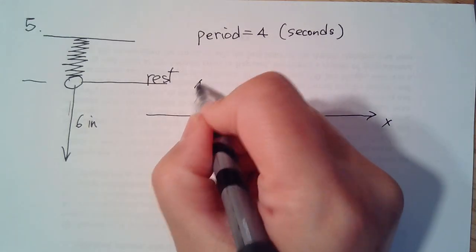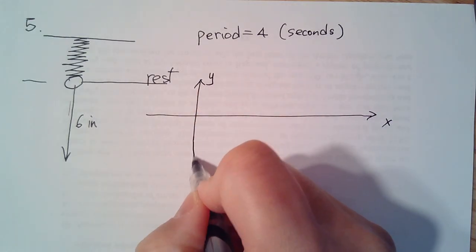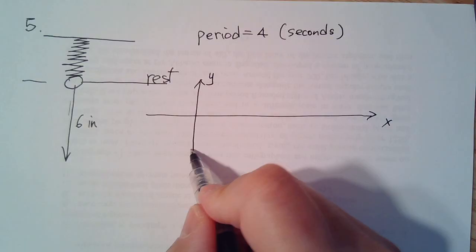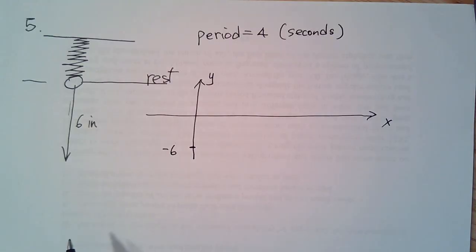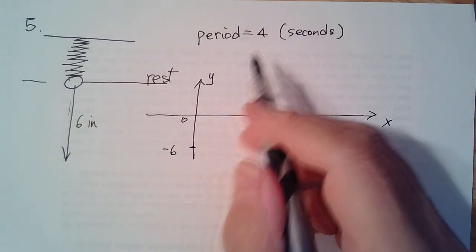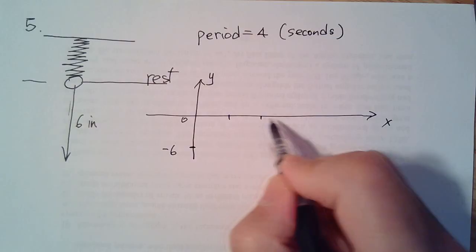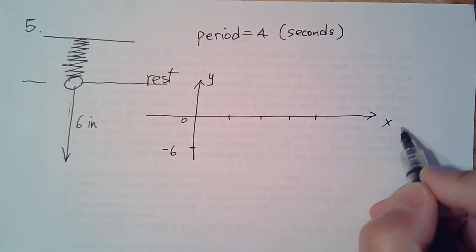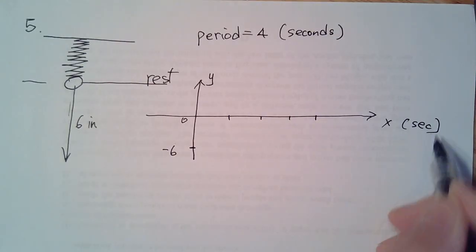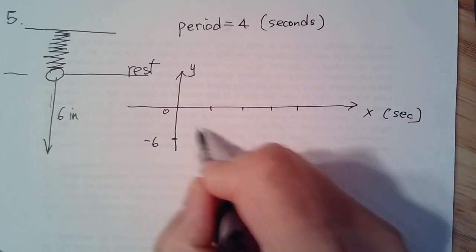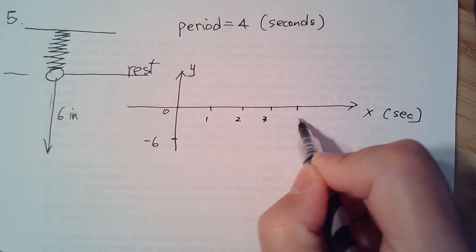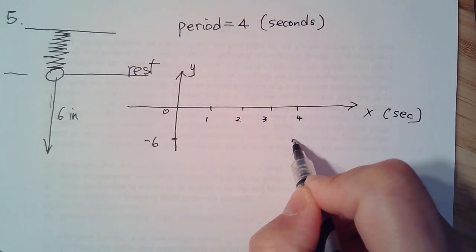Here's the X, and here's a Y, here's the position. So when the time is 0, which is -6, okay? And then the period is 4. So 1, 2, 3, 4. After 4 seconds, 1, 2, 3, 4, it goes back to here again.